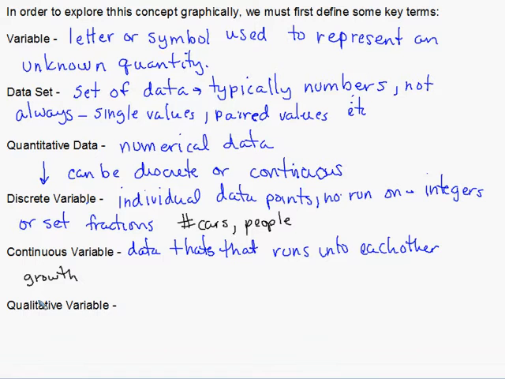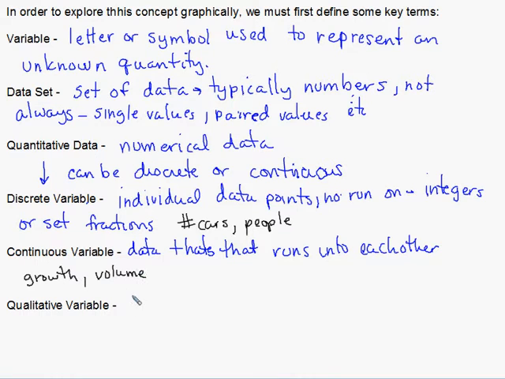You went through all the parts of inches between 5'1" and 5'3", right? So growth is a continuous variable. Volume. If I'm filling up a bucket, it's not empty and then instantly full. It gradually fills up, and so the volume is continuous. Things like that, things that will run into each other are continuous variables.